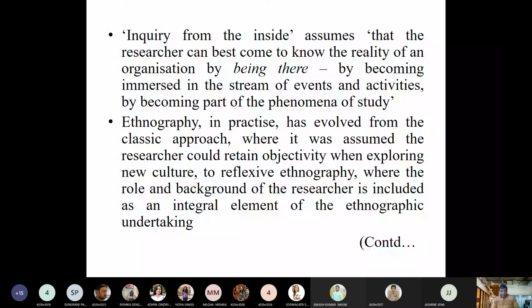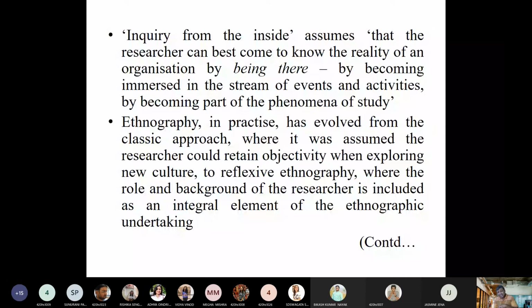Ethnography in practice has evolved from the classic approach, where it was assumed the researcher could retain objectivity when exploring a new culture. Here in ethnographic research we assume that the researcher, even though involved in the field, is trying to maintain objectivity while exploring the new culture, to reflexive ethnography.